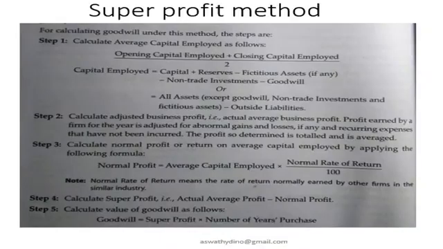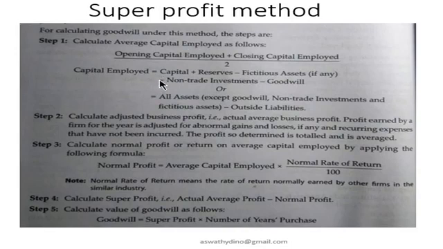Hello children, in this slide I am going to tell you how to find out goodwill under the super profit method. For calculating goodwill under this method, the steps are: step 1, calculate average capital employed as follows: opening capital employed plus closing capital employed divided by 2. If capital employed is not directly given in the question, how do you find it?